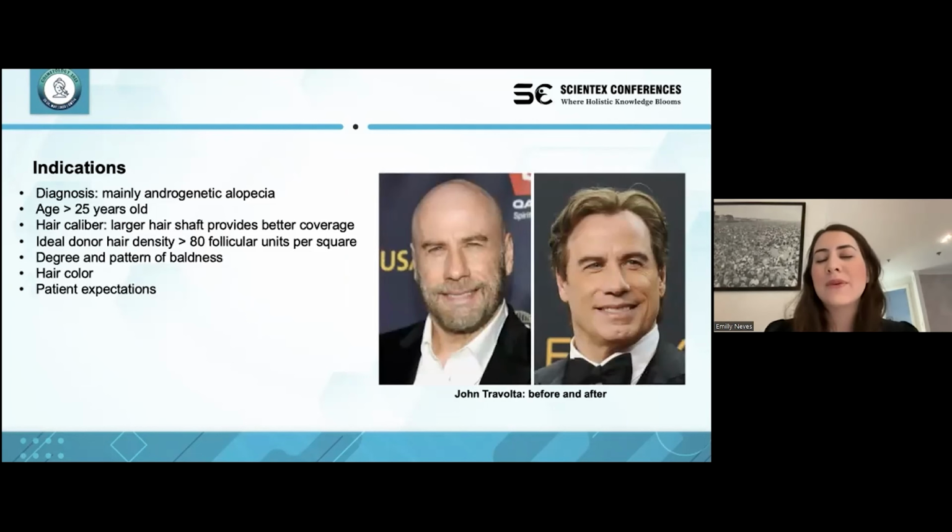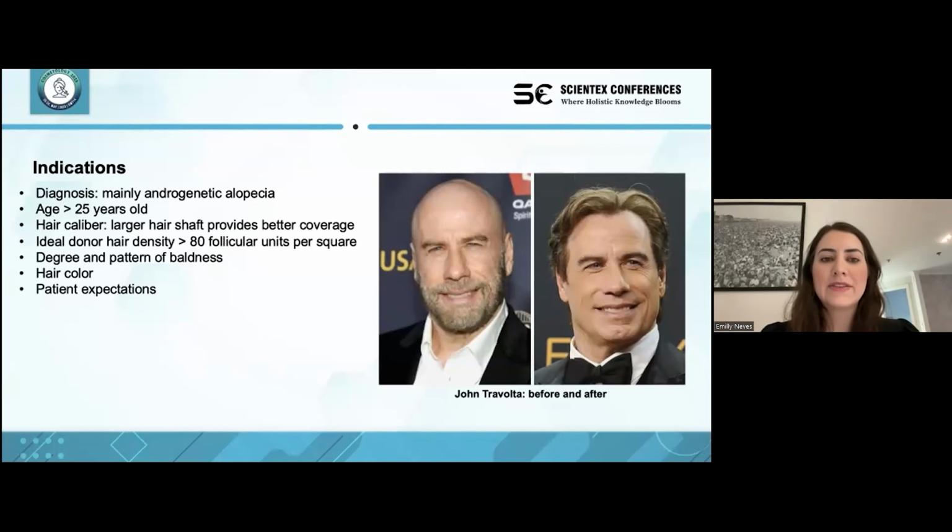And how can we select the patient to perform hair transplantation? First, the main diagnosis used to indicate hair transplantation is androgenetic alopecia, but here I brought the discussion about cicatricial alopecias as well. The patient must be up to 25 years old.